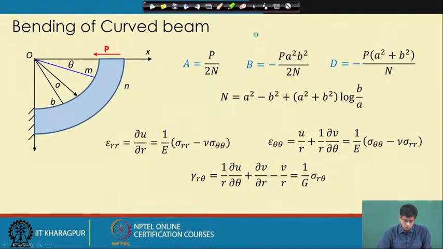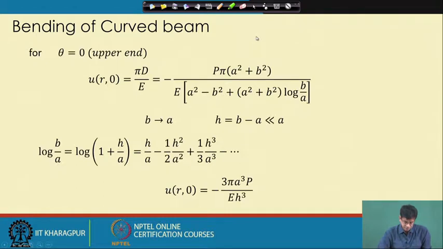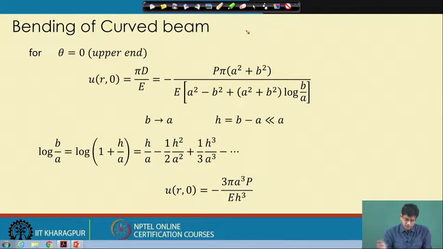So if I substitute d at the upper end, this becomes minus p pi a square b square over E into a square minus b square a by b. Now this is the thing.